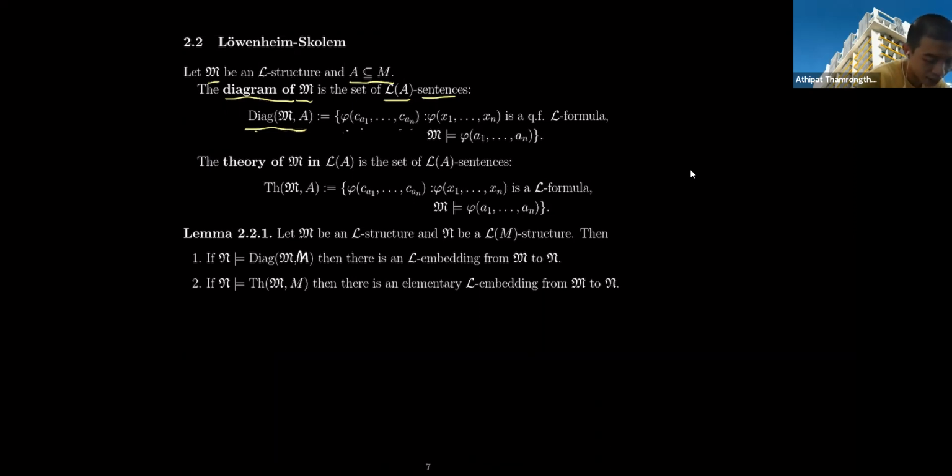So we add a constant symbol for each object a in A, and we denote it by c_a. We only consider quantifier-free L-formulas phi such that M satisfies phi(a1, ..., an).